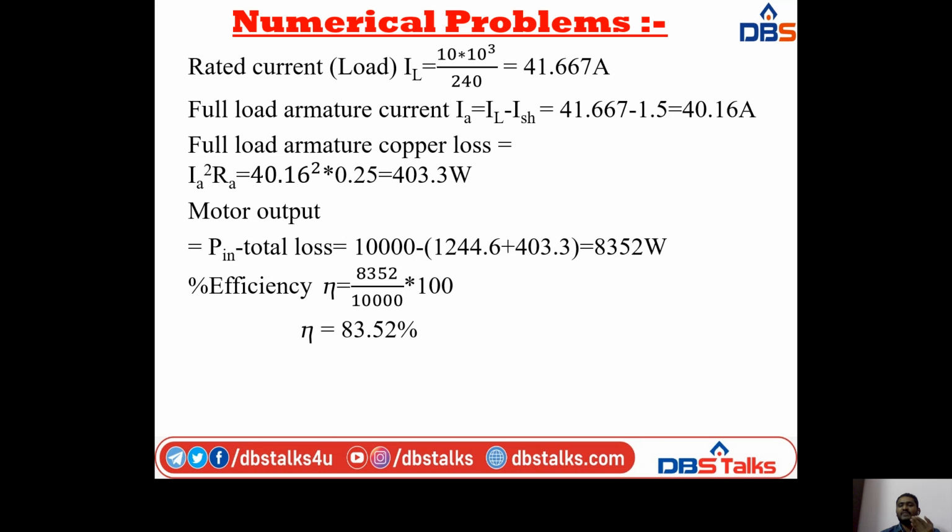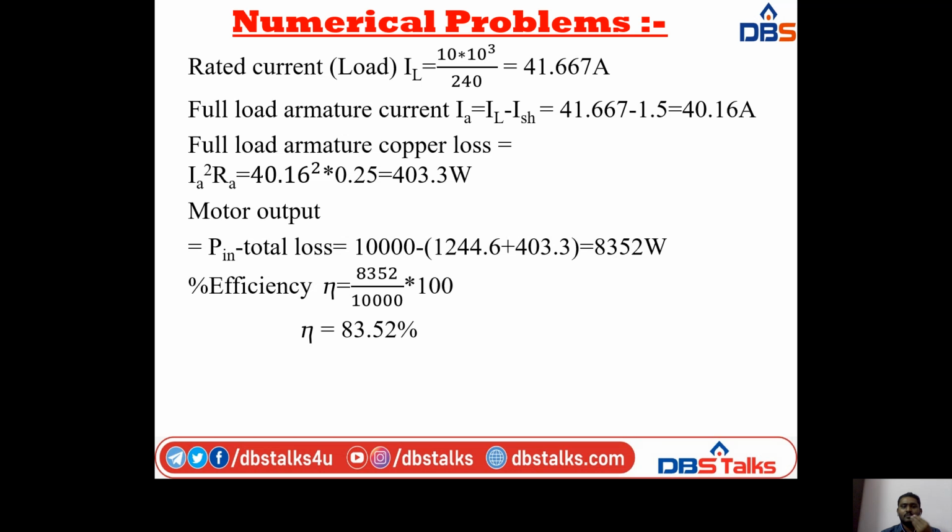So the load current 41.67 amperes minus the shunt field current already calculated, that is 1.5 amperes, gives 40.16 amperes. Next we calculate the full load armature copper loss, the formula is Ia square Ra. Here Ia is 40.16 and Ra is 0.25. Substituting 40.16 whole square into 0.25, we get 403.3 watts.